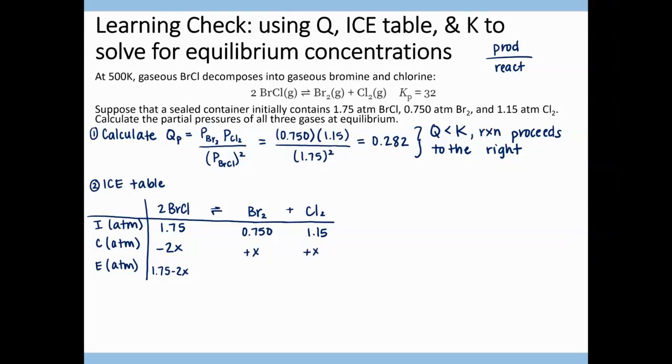So 1.75 minus 2x for BrCl, 0.75 plus x for Br2, and 1.15 plus x for Cl2. Now we'll plug this into our Kp equation. So step 3 is to use K to solve for x.